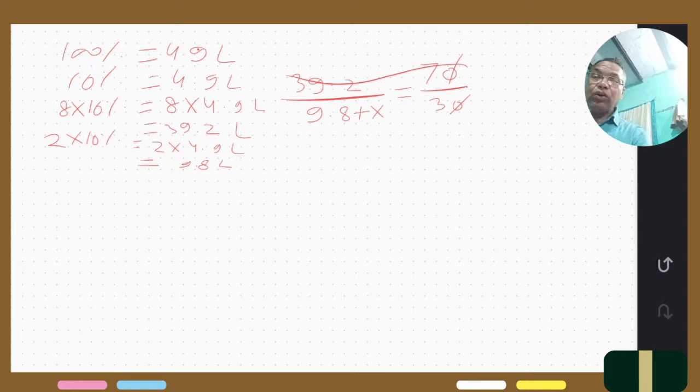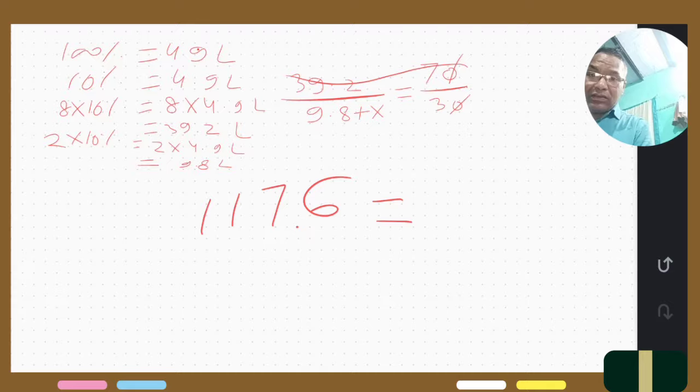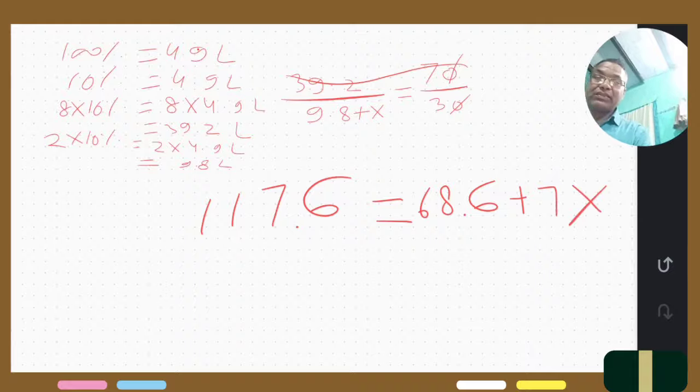So here on the cross multiplication, 39.2 by 3 will make it 117.6 equal to 68.6 plus 7x.